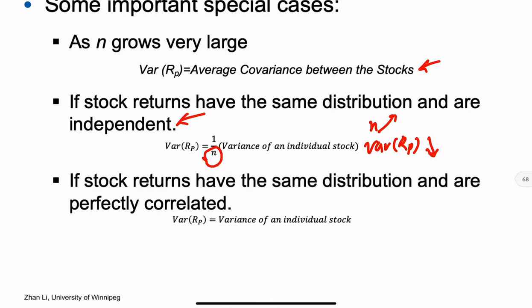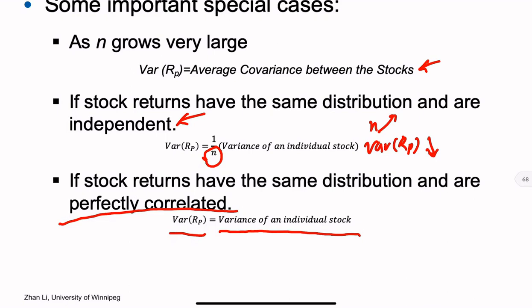is similar to the second, except these stock returns are perfectly correlated. In this case, you can see that the variance of your portfolio's return equals the variance of a single stock. Now, what you can see here is that the 1 divided by the number of stocks has disappeared. You don't have this term here.